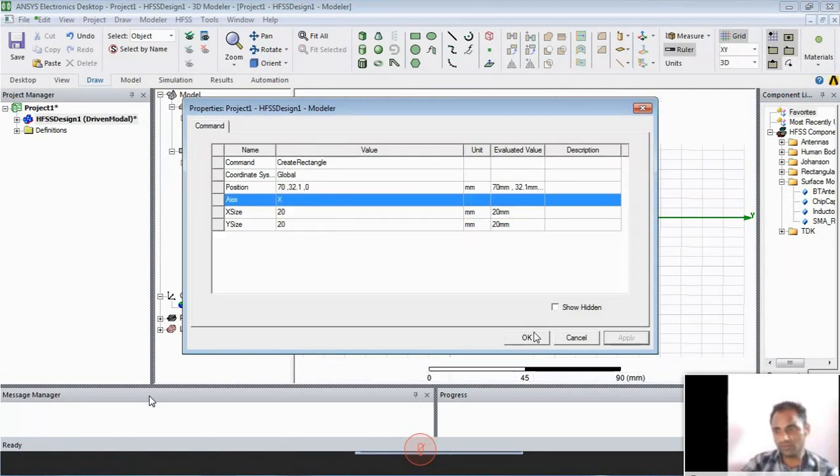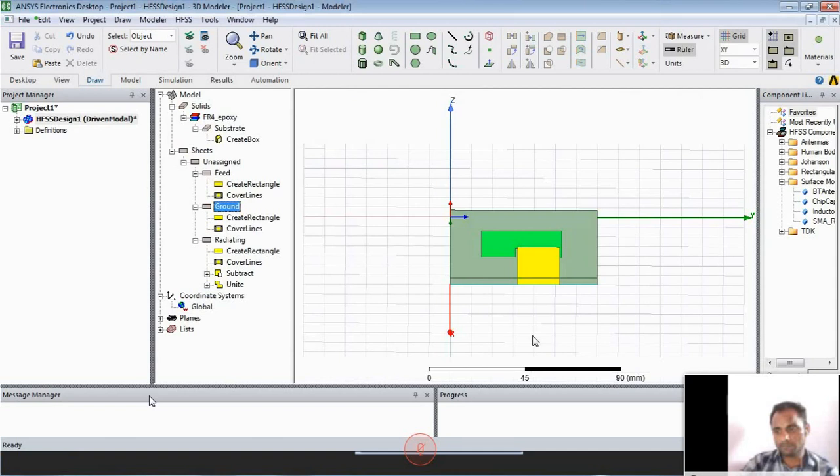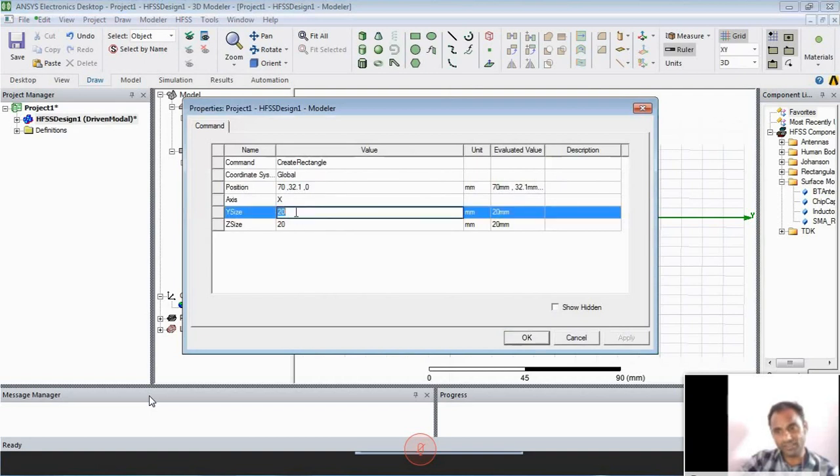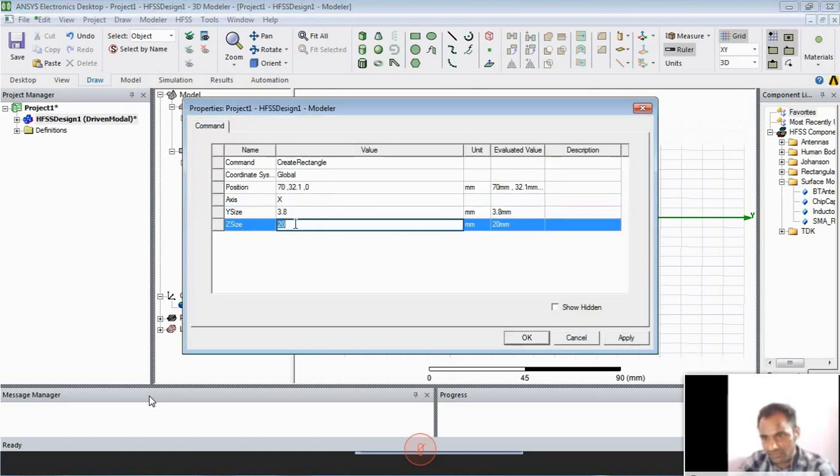So first of all, because my entire feed of the antenna will work on X oriented things, that means Y is parallel to X. So here I am changing my Y direction into an X direction. That's why I convert my feed line into the X direction. Then here I am taking 3.8, and my Z is 3.6, that means my thickness is 3.6.